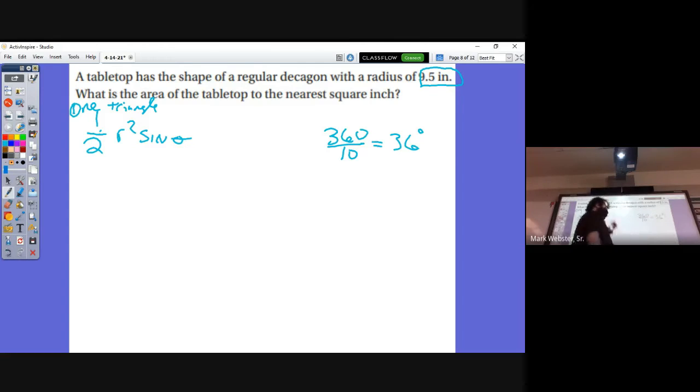So we know that each of those middle angles is 36 degrees, right? So all we have to do, here I'll draw one triangle. Here's our radius, there's our angle.